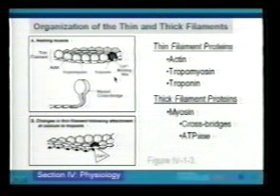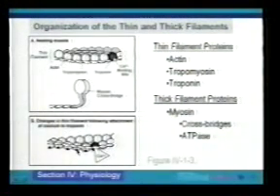Now, once the calcium attaches to the troponin, that attachment of the calcium to the troponin causes the tropomyosin to physically move. And when it physically moves, it exposes the attachment sites on the actin. And you should realize for sure that as long as the calcium is attached to the troponin, these sites on the actin are available for the cross bridge.